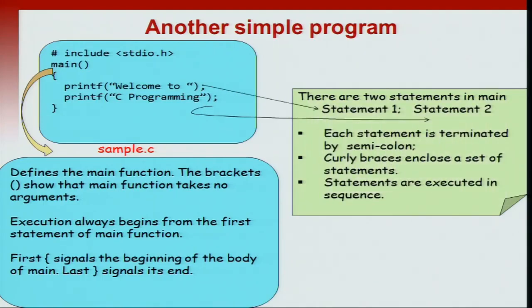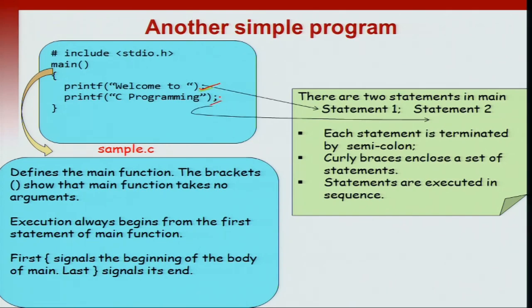This particular main function has two statements. Earlier we had just one statement. Each statement, as I said before, is terminated with a semicolon. So, this is the first semicolon and this is the second semicolon.